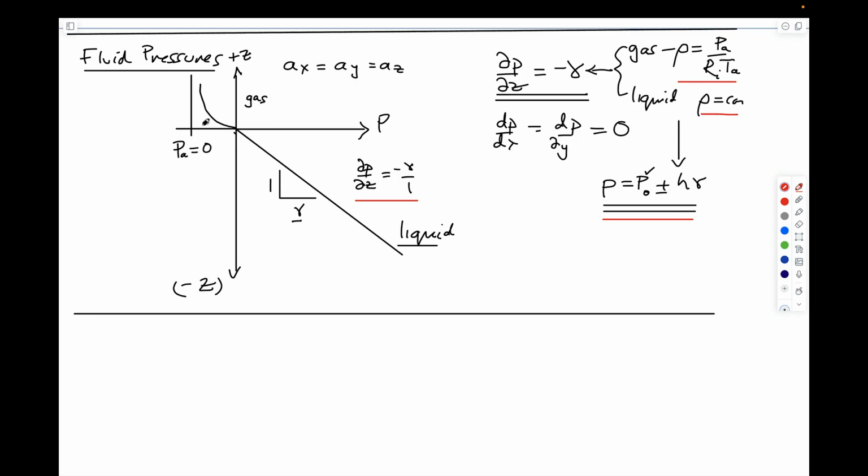And you can use that to show that as you go up in the atmosphere, you start off with a high density here, high unit weight, because it has a large pressure on it, which is compressing it. And as you go higher and higher up into the atmosphere, it ultimately asymptotes to zero pressure absolute.